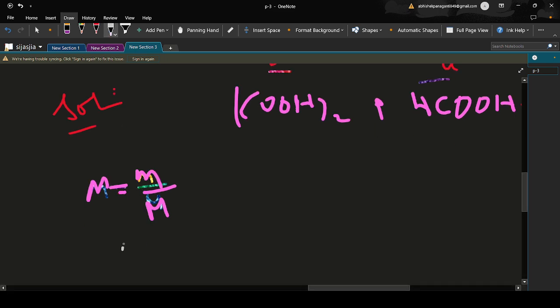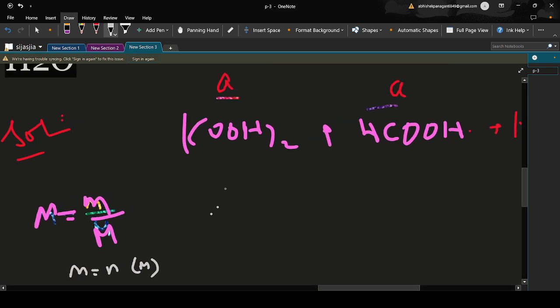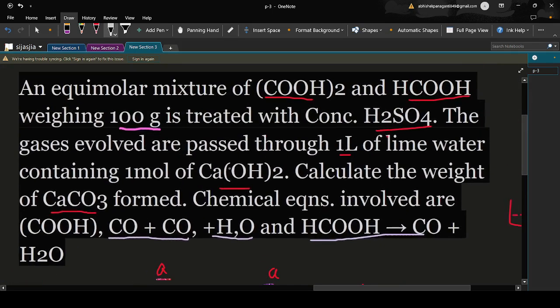So we can get mass as number of moles into molecular weight. The number of moles of COOH taken twice is A, into its molecular mass, 90. I'm trying to add this because in the question it is mentioned that the equimolar mixture of both weighs 100 grams together.